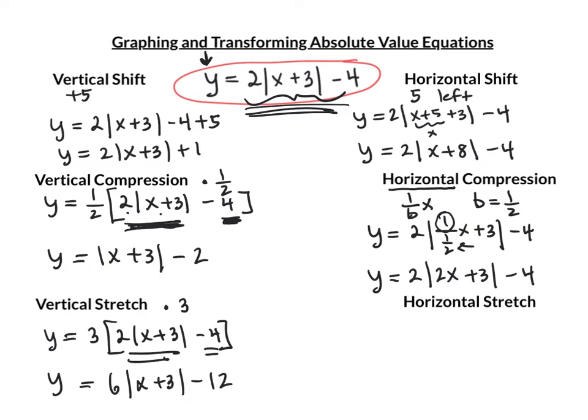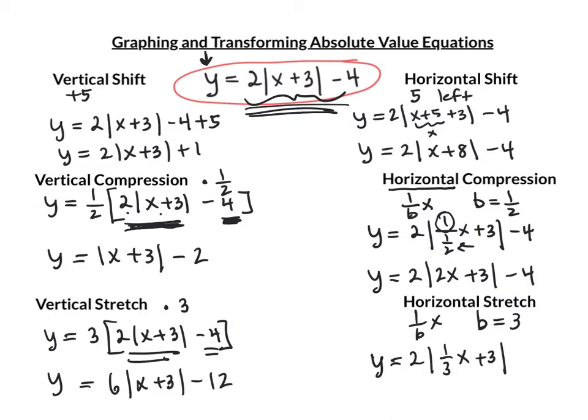Last example here, horizontal. X is going to be replaced with 1 over b times x. Since it's a stretch, my b is bigger than 1. Let's do 3 again. Y equals 2 times the absolute value, back to the original equation, x plus 3. So x is going to be replaced with 1 over b times x: 1/3 x plus 3.